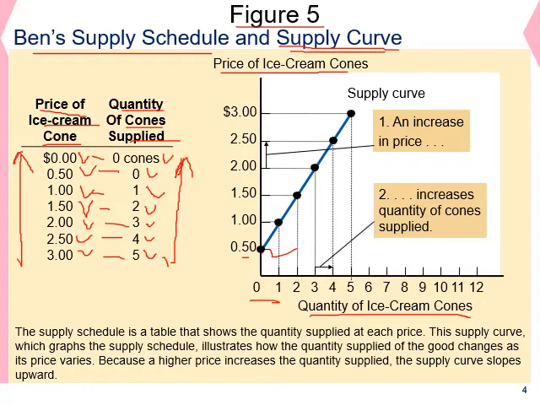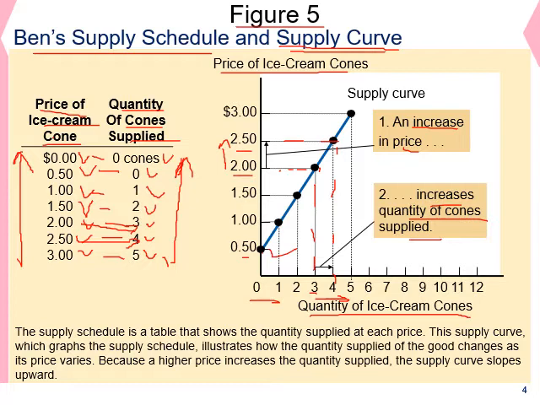For instance, at the price of $2, Ben will supply three cones. At the price of $2.50, Ben is going to supply four cones. So an increase in the price from $2 to $2.50 led to an increase in the quantity of cones supplied from 3 to 4.